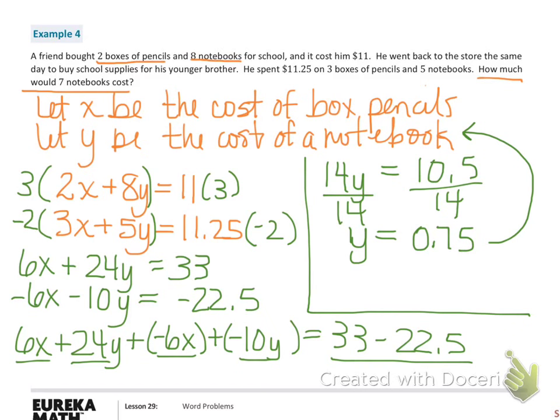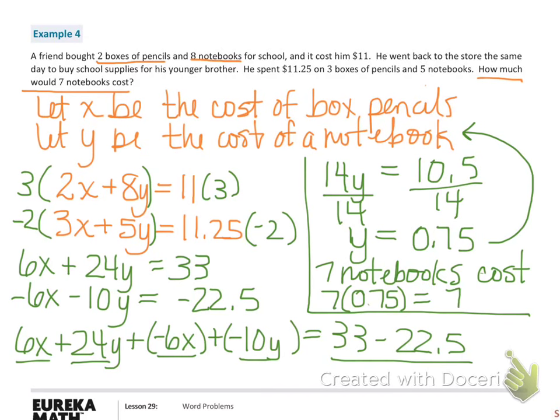7 notebooks cost 7 times 0.75, which is going to be $7.25.